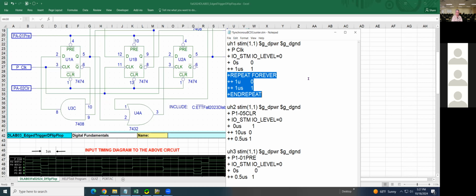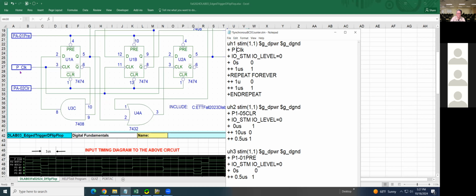Hey, Mr. Pham, is the P clock supposed to be P_clock? I don't know underscore or not, I didn't see. If you put underscore, that means you have to get underscore here.